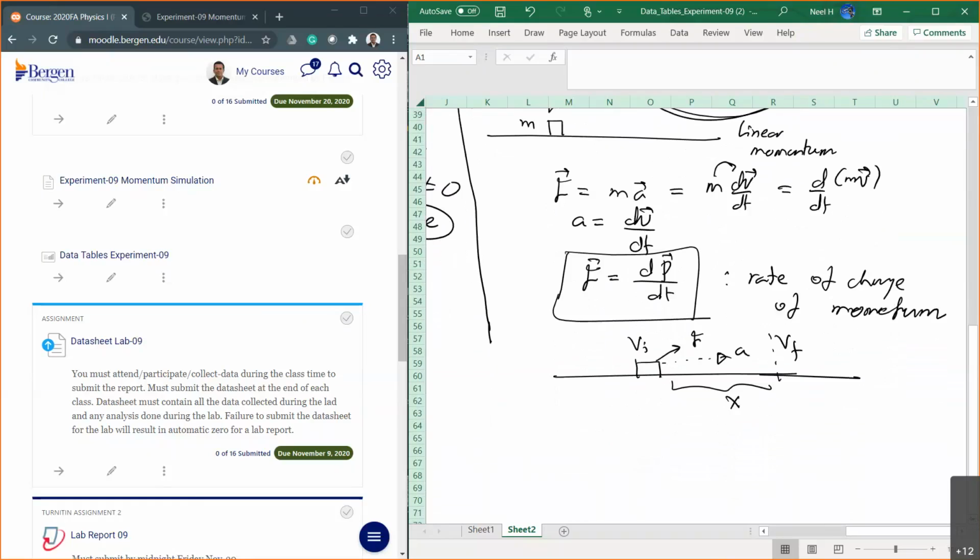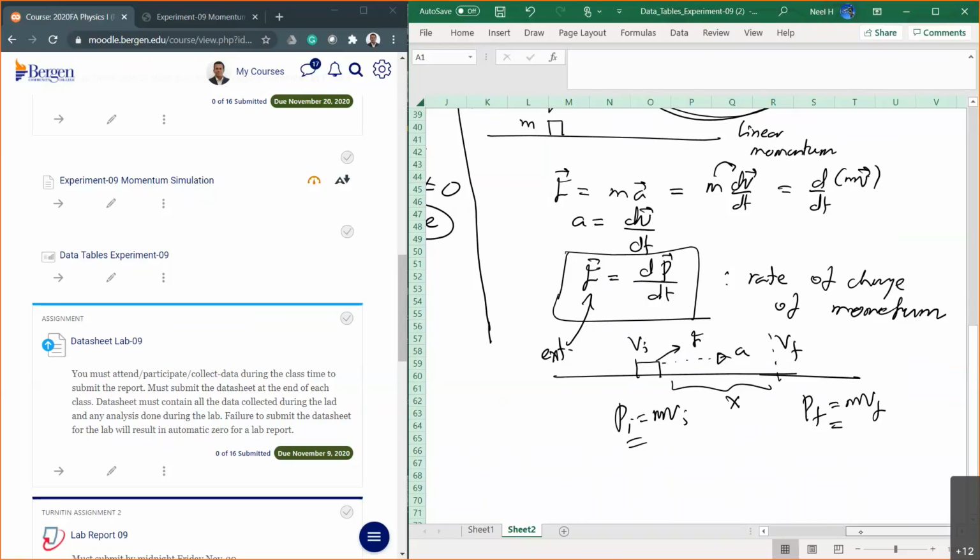So the initial momentum is m times v initial, and the final momentum is m times v final. Which means definitely the momentum is changing if there's an external force acting on the object. If there's an external force acting on the object, momentum must change.